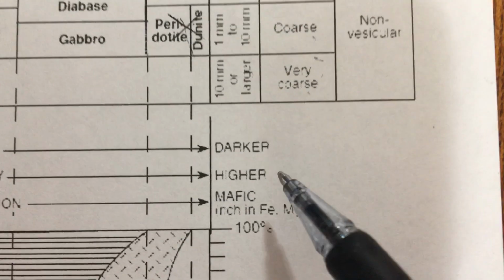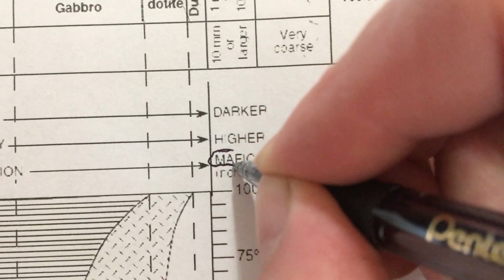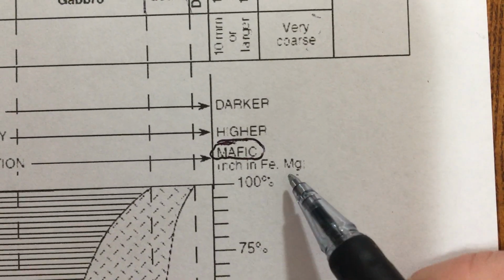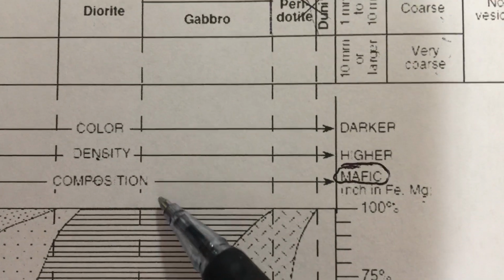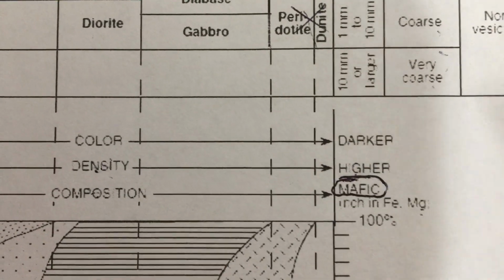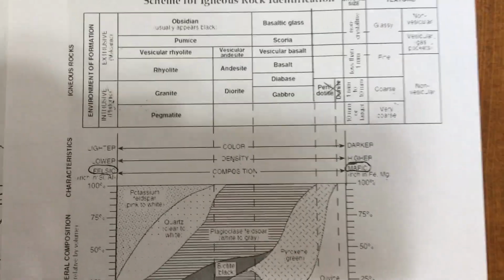Going to the other end of the spectrum, we've got mafic, which are rich in Fe and Mg, which is iron and magnesium. And again, you don't have to memorize anything. It's all just sitting here. The density of mafic rocks is higher. The color of mafic rocks is darker. So really, this is a reasonably complicated reference table.